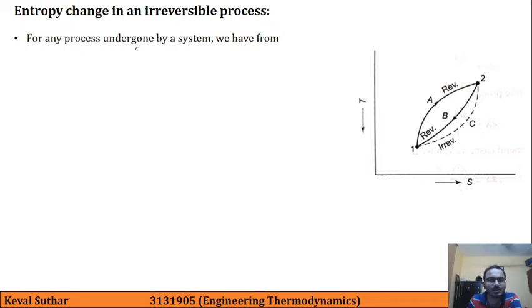For any process undergone by a system, we have this form, that is δQ upon T is less than or equal to dS, or the reverse of this, dS is always greater than or equal to δQ upon T.